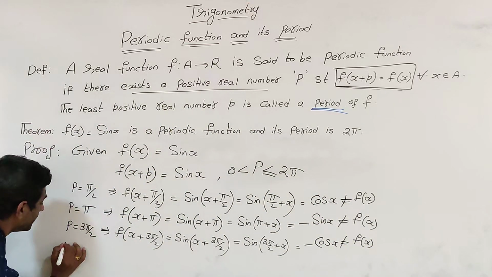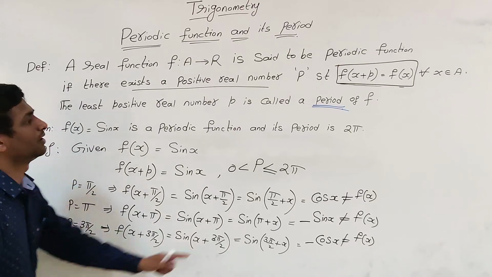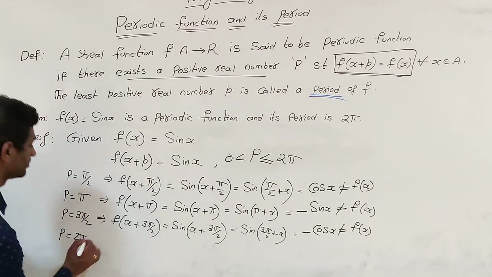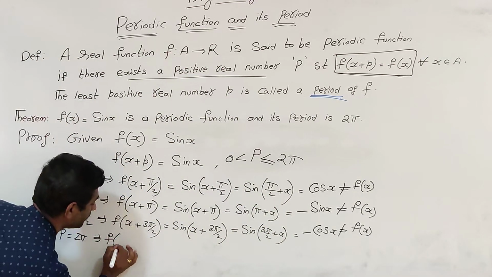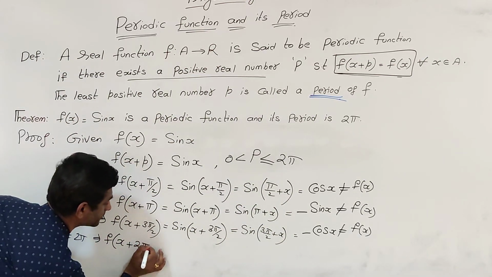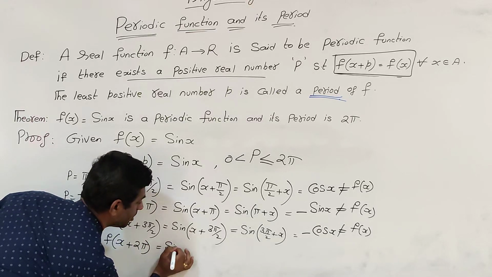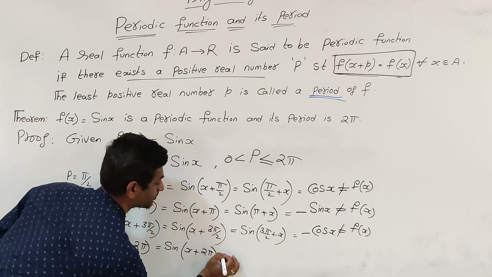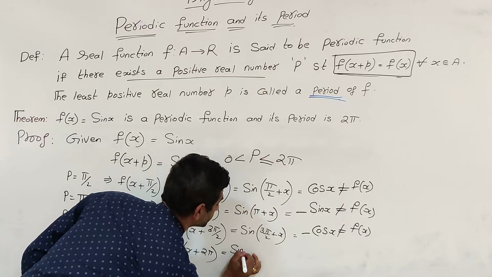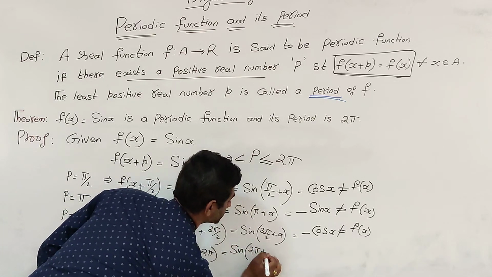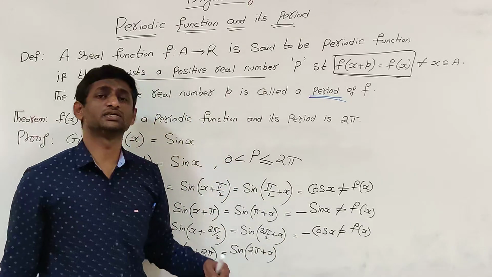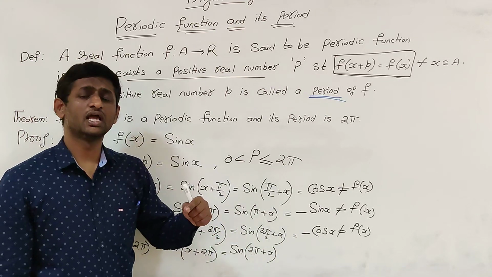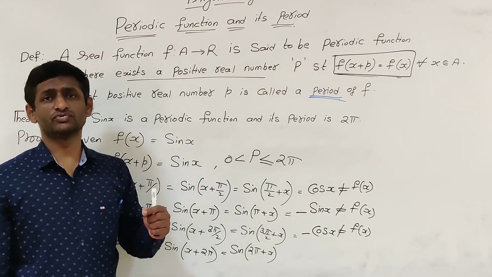Now, p is equal to 2 pi, as 2 pi is also included. Now, what happens? f of x plus 2 pi, that is sin of x plus 2 pi, that is sin of 2 pi plus x. 2 pi means 360 degrees. 360 plus theta means again the angle lies in the first quadrant.